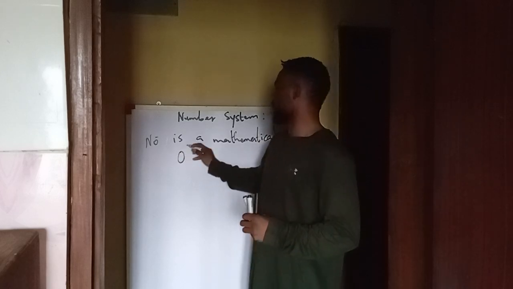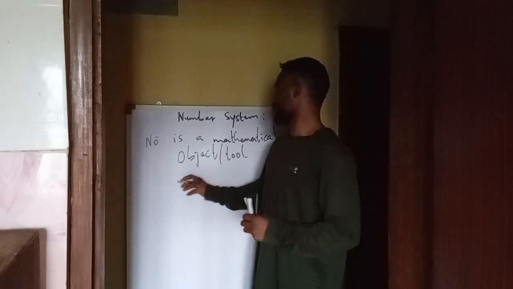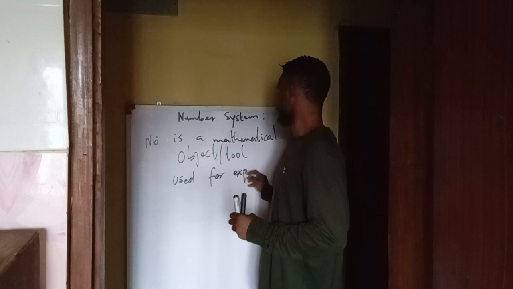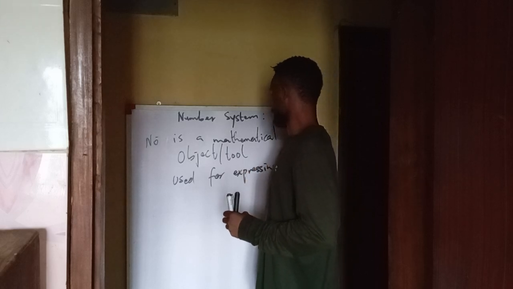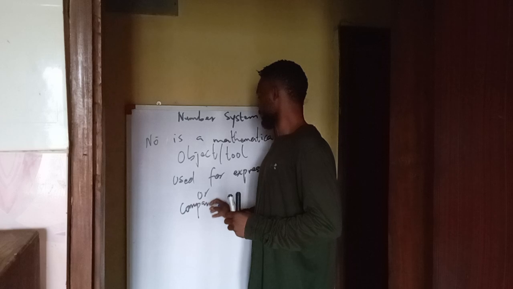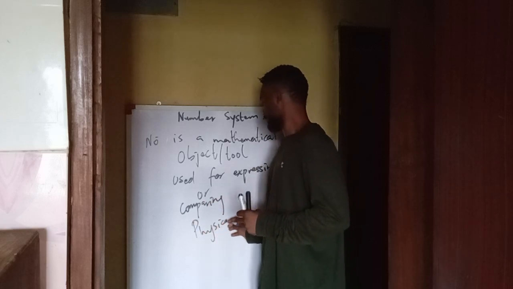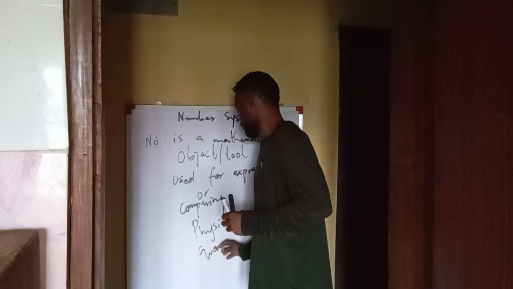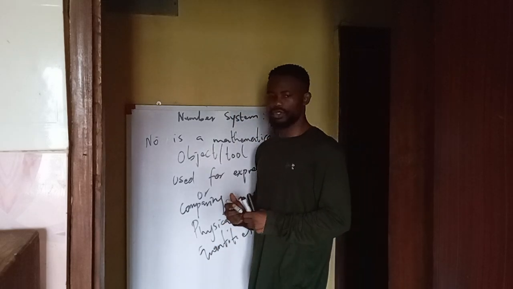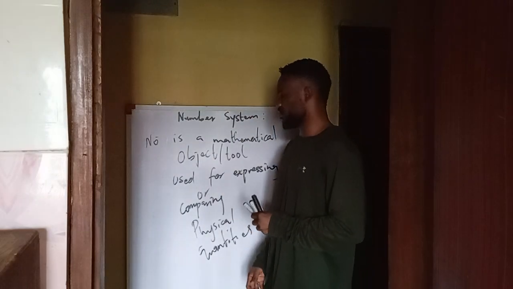So if I don't use object, I can use tool. A number is a mathematical object or tool used for expressing or comparing physical quantities.